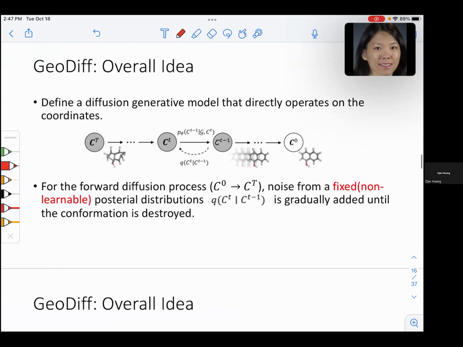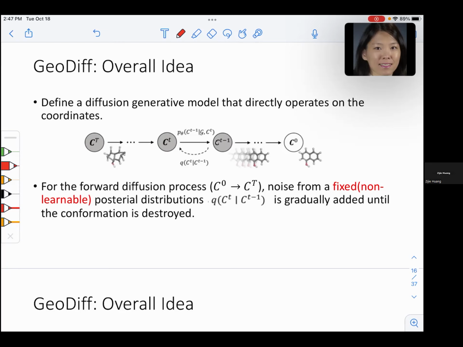So before we go to the model details, let's first have an overall idea of the model. The model is called GeoDiff. It basically adopts the idea from a diffusion model to model the conformation process. The key idea is that they define a diffusion generative model that directly operates on the coordinates.